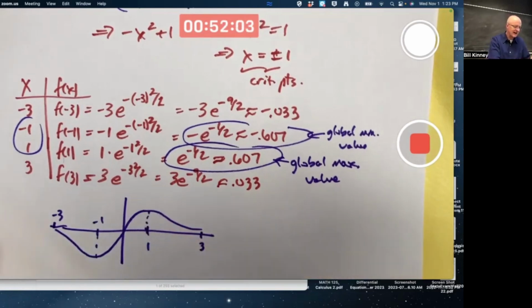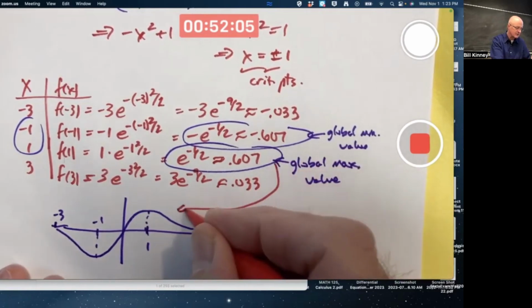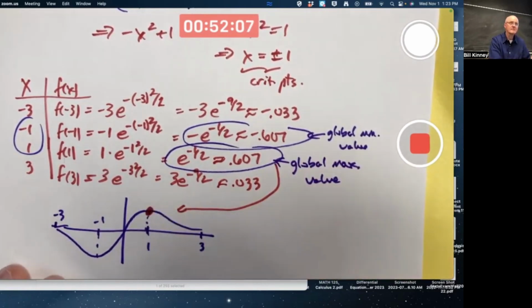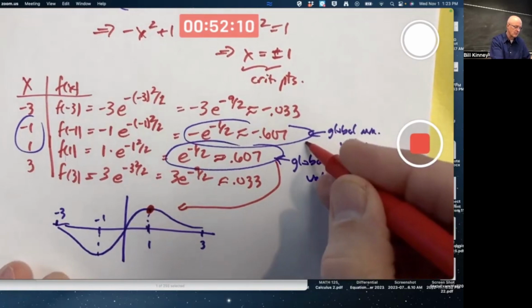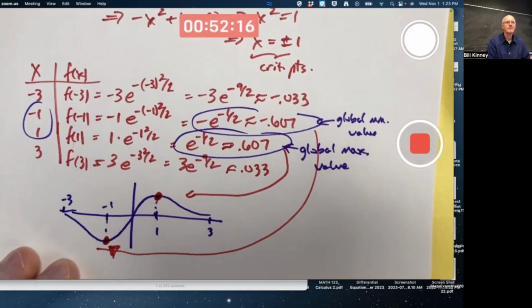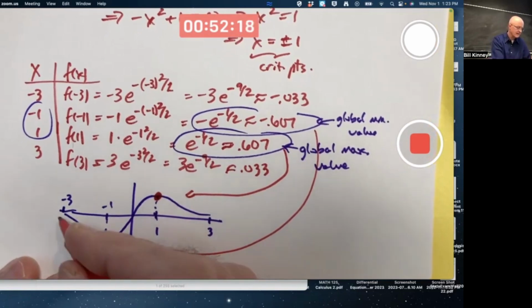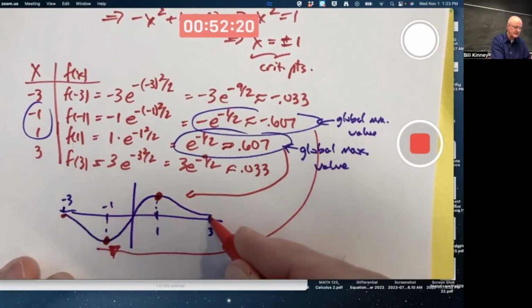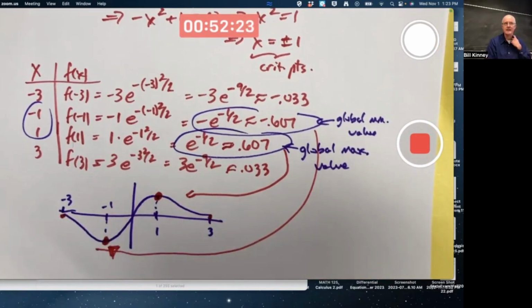Your global max value corresponds to this point right there. Your global min value corresponds to this point right there. It's not a global max or min at the endpoints for this example, as opposed to the other example.